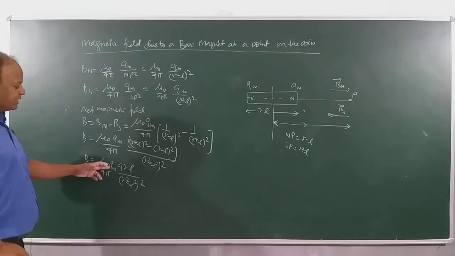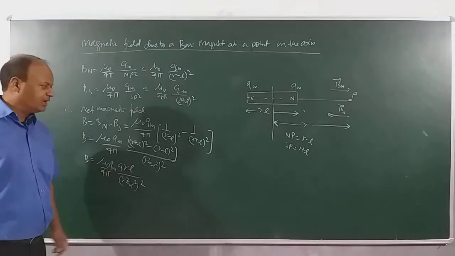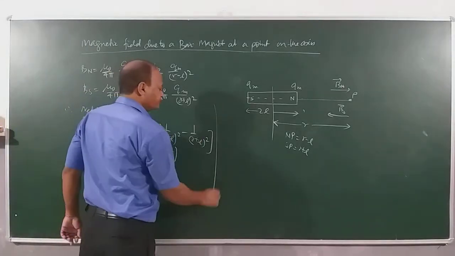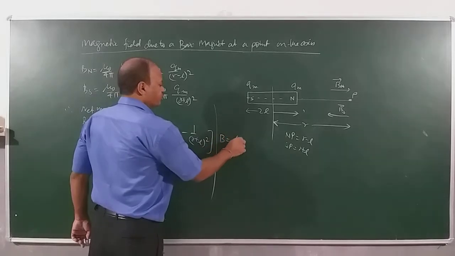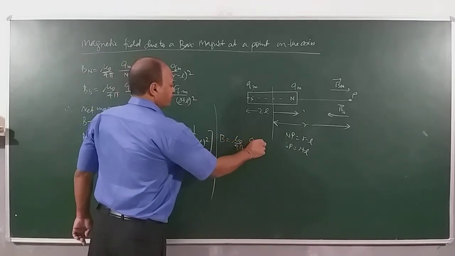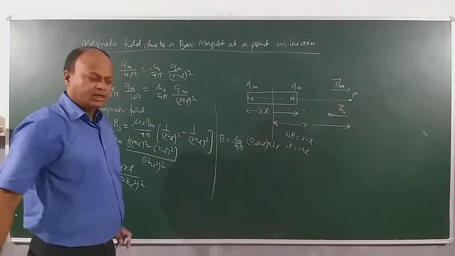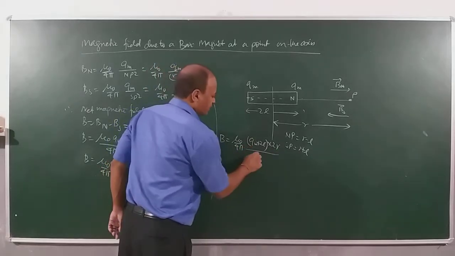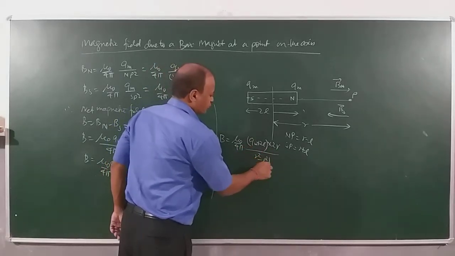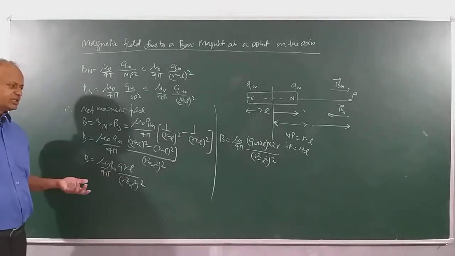And then we will separate this Qm into 4r into l. I can write here B equals mu naught by 4 pi, Qm into 2l into 2r, divided by (r square minus l square) whole square. Simple algebra, very easily can simplify.